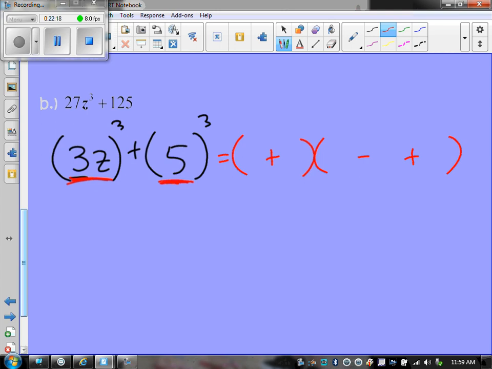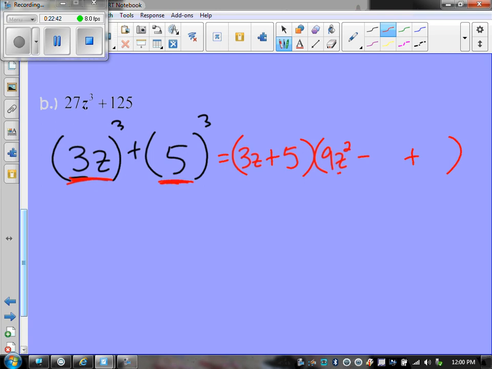Now we need to worry about filling in our terms. You ready? I have my first term, 3z. I have my second term, 5. Okay, careful with this. I have my first term squared. My first term was 3z. So if I square it, what do I really have? Don't I have a 9z squared?